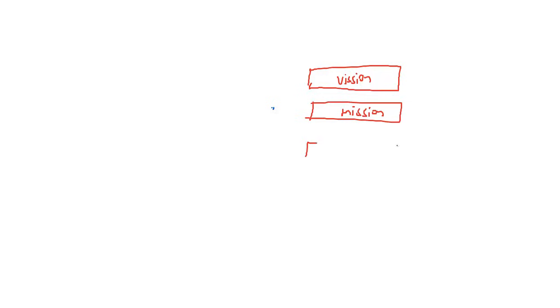When we're talking about it, as I said, we have a vision: why we exist in this world, that's called vision. We have a mission. Mission is basically the path, and then we talk about the strategy. This strategy is called an organization strategy.